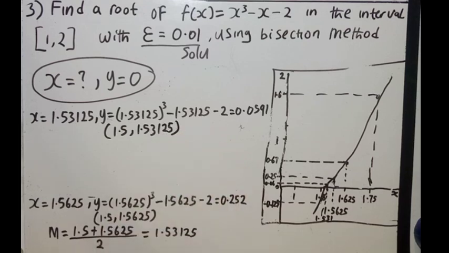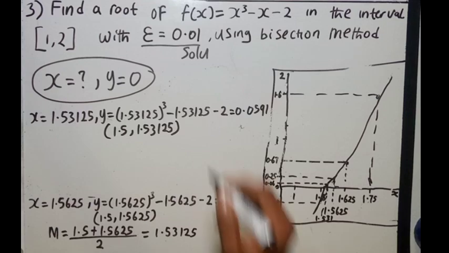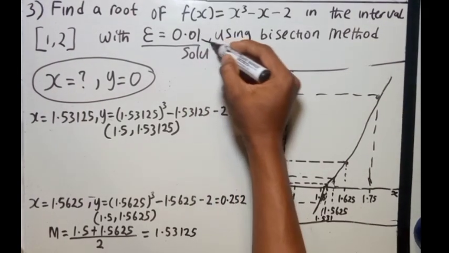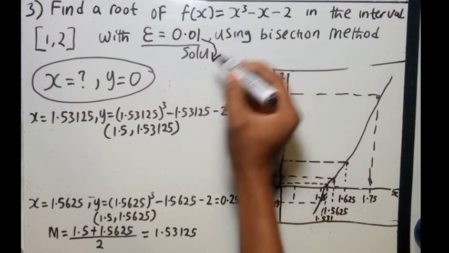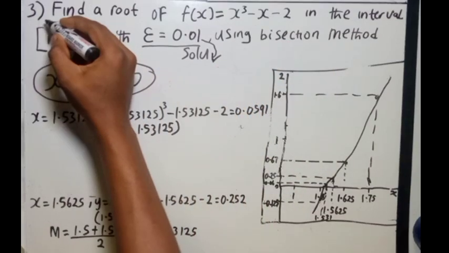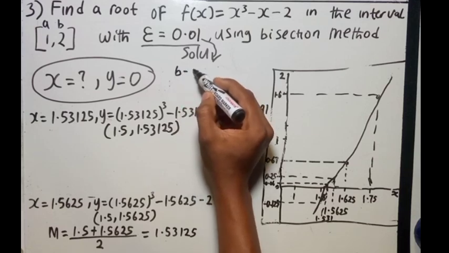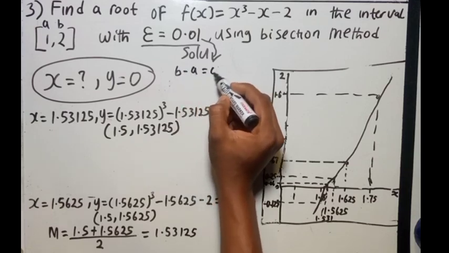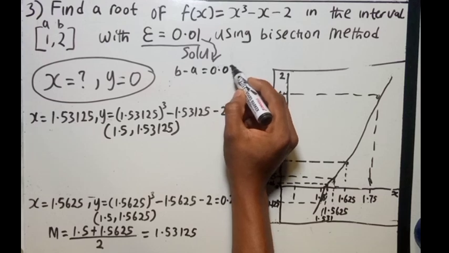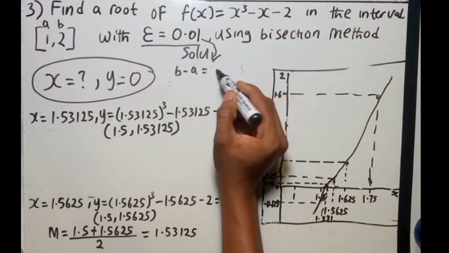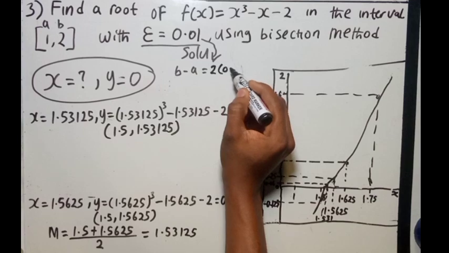1.53125. Now we ask ourselves if this is up to our tolerance value. Our tolerance value said it is 0.01, but we'll be using 0.02. So we're asking ourselves, let's call here A and here B, if B minus A is equal to 0.02, we can also say 2 times 0.01.